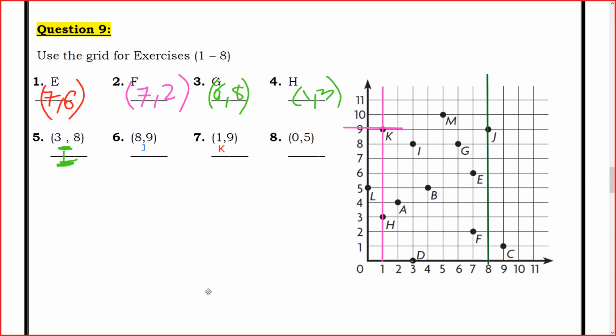Yes, Maryam. Number 8, 0, 5. Good job. Thank you. That's it. Yalla, 1 minute, please, to finish writing. Then we will continue.